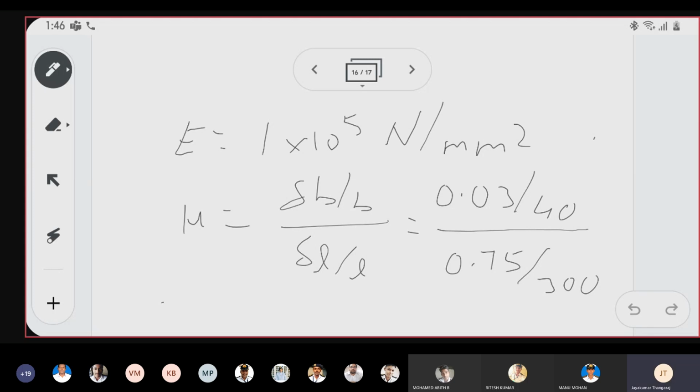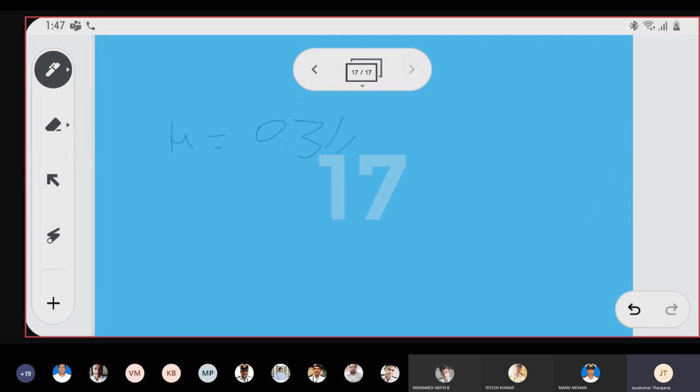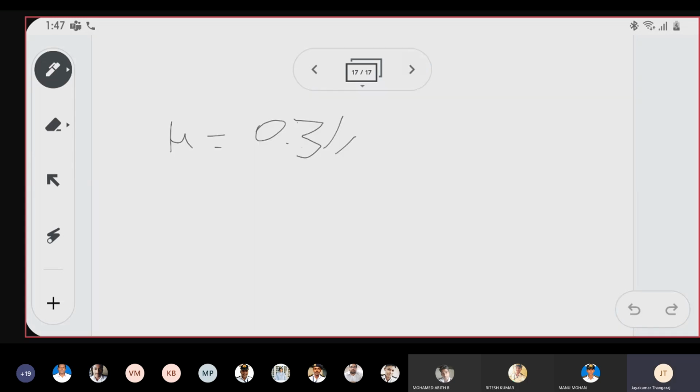Now Poisson's ratio equals del B by B divided by del L by L, which is 0.03 divided by 40 divided by 0.75 divided by 300. So you get Poisson's ratio as 0.3.